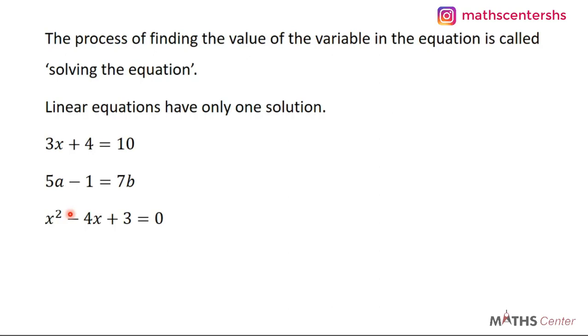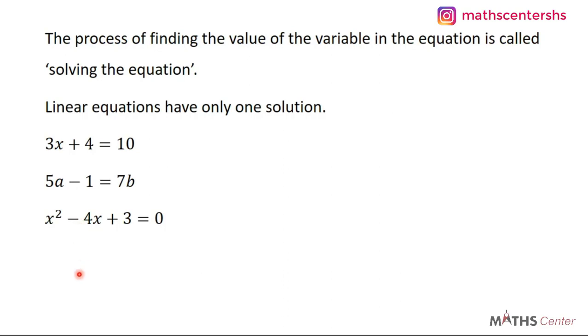So here, you are going to get x is equal to 3 and x is equal to 1. If you watch the video on quadratic equations, you understand how solving quadratic equations is done. You are going to have two solutions because it is not linear. For linear equations, you are going to have only one solution. I hope that is clear.